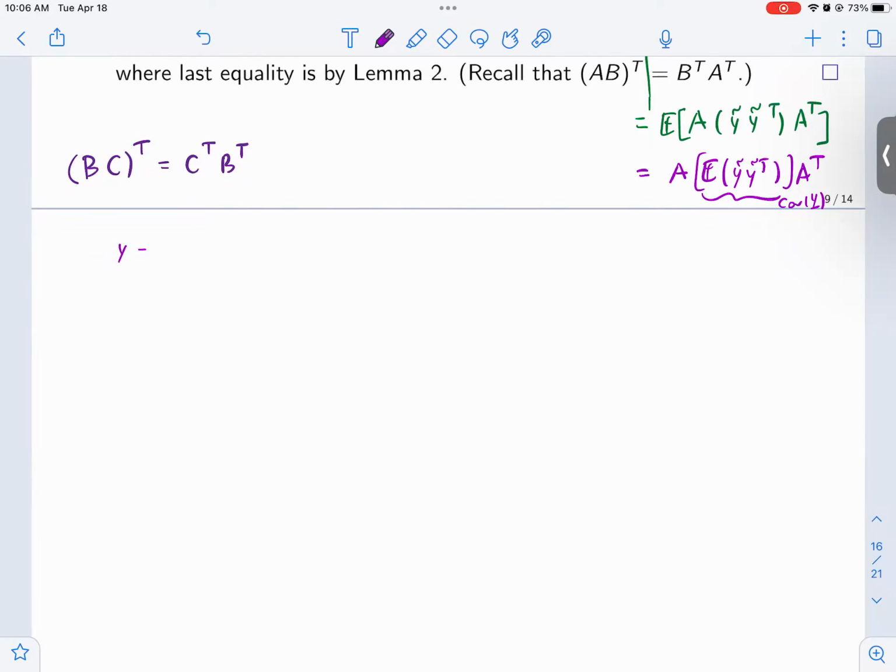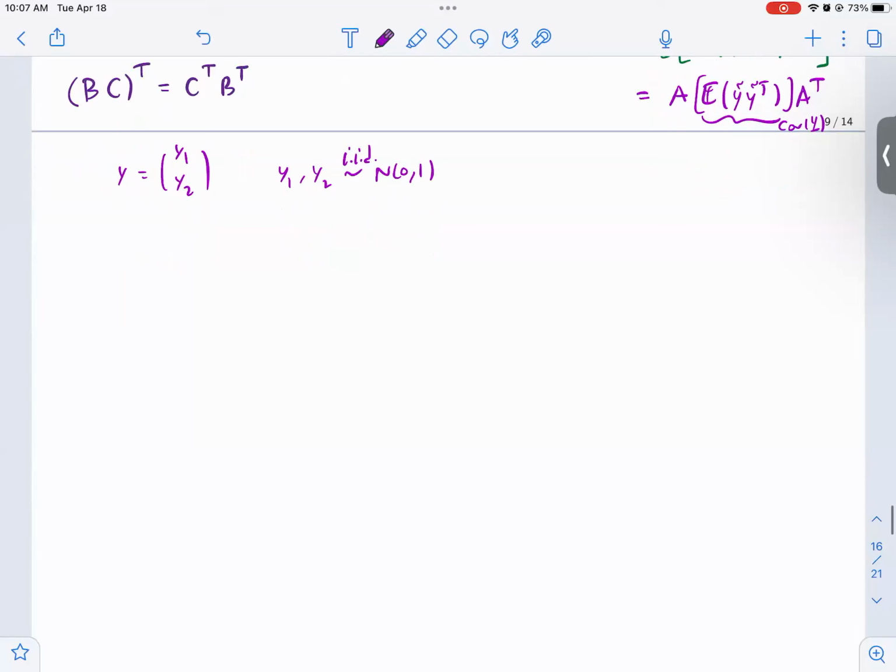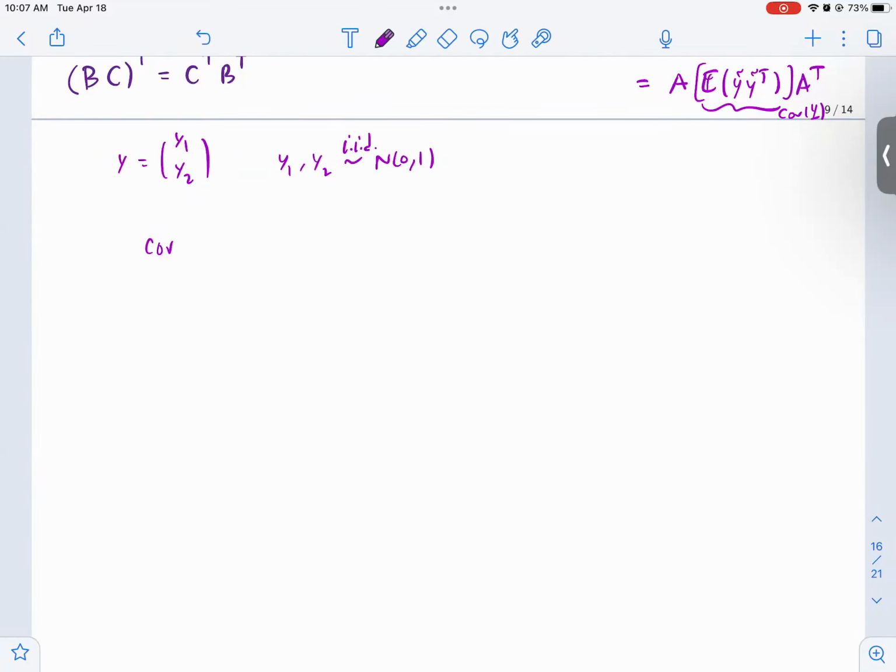Let's say y is y1, y2, where y1 and y2 are normal 0, 1, IID. Suppose I want to compute the covariance of y1 plus y2 and, let's say, 2y1 minus 3y2.